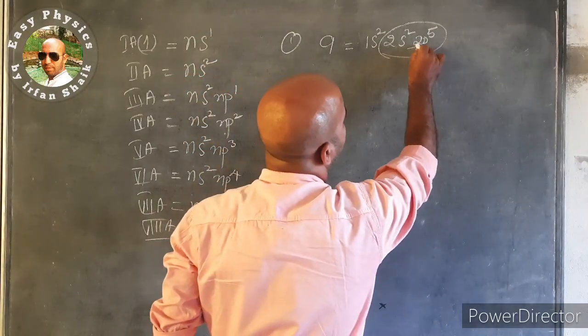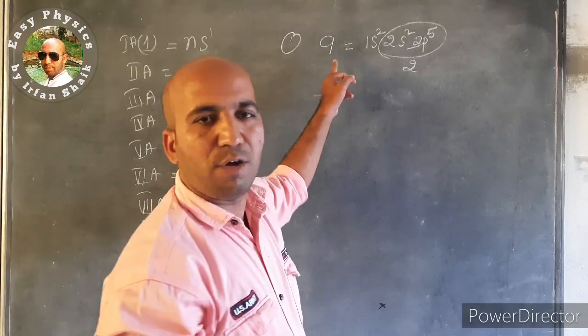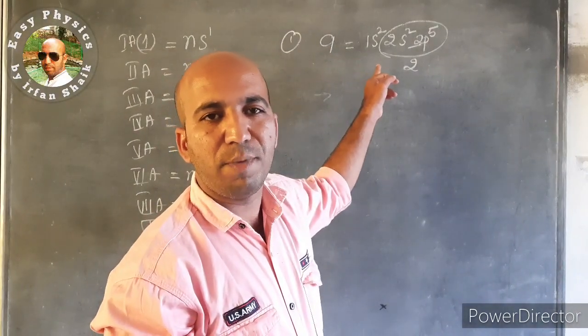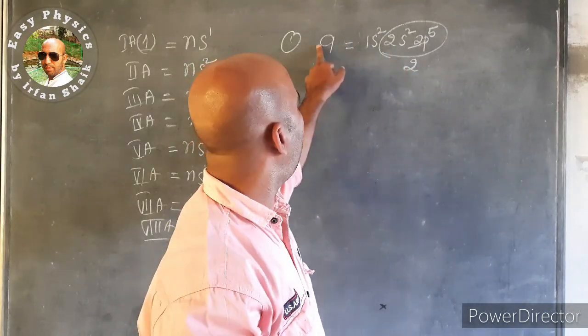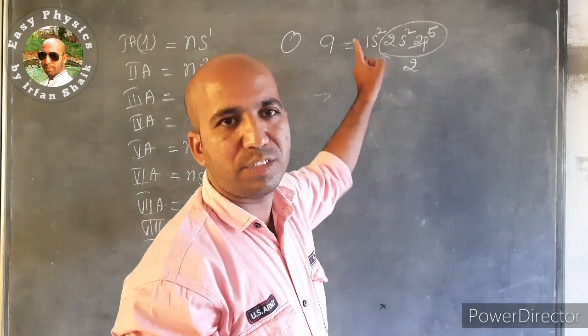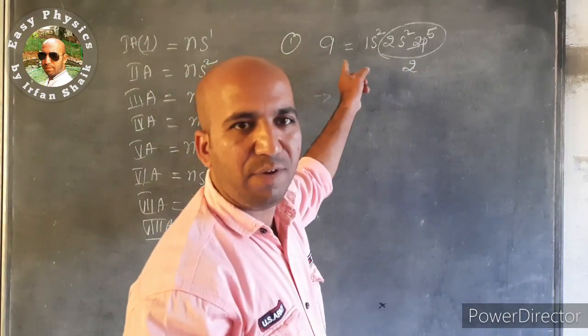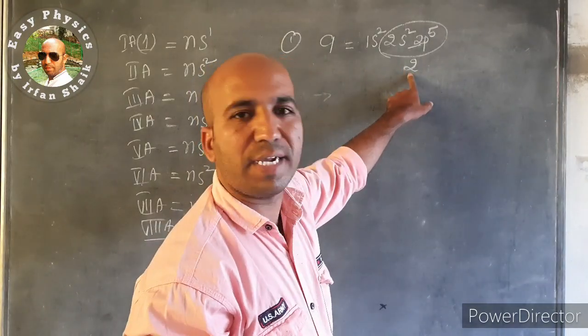So this element has 2 shells, and that will be its period number. The element having atomic number 9 is present in the second period.